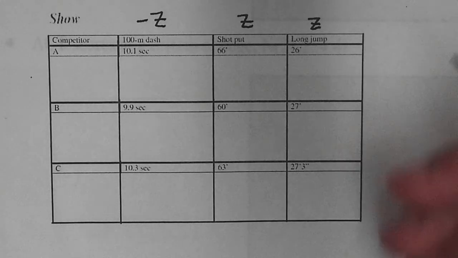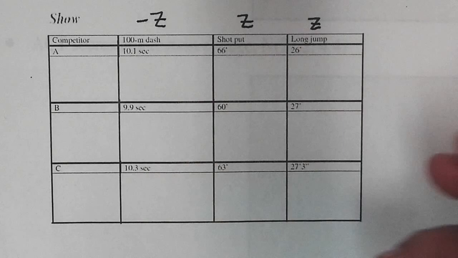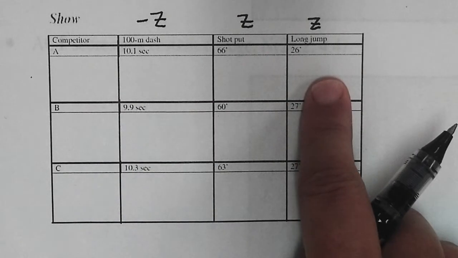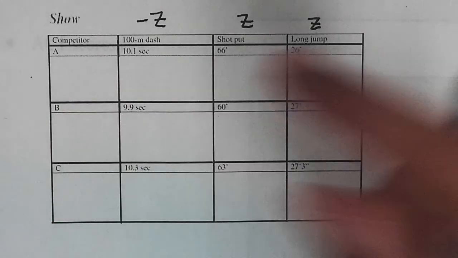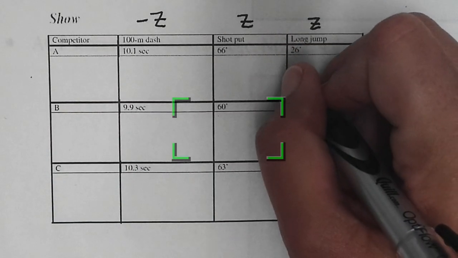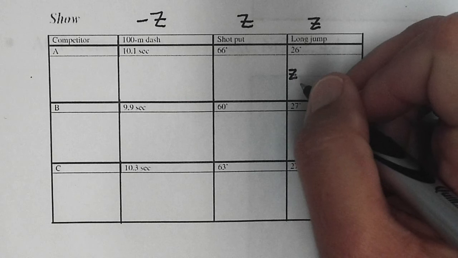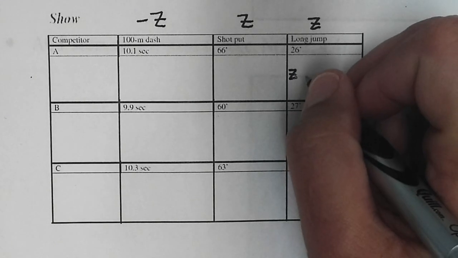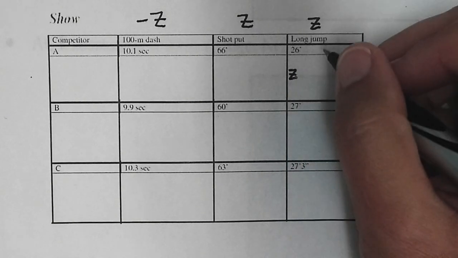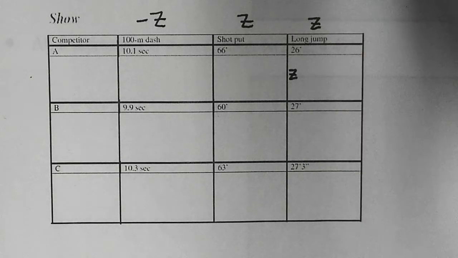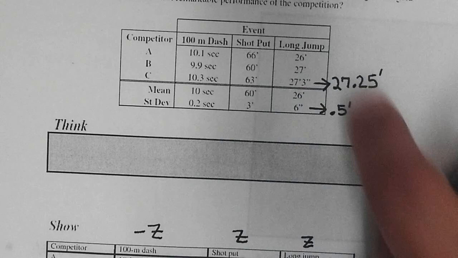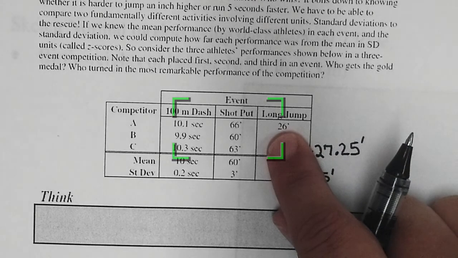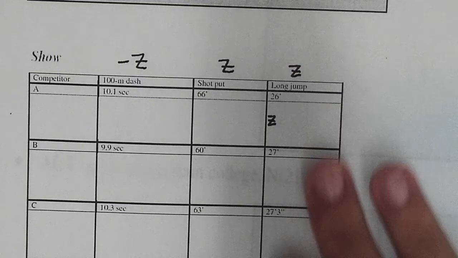In order to calculate a z-score, I'm going to start with the long jump just because it's easy. It's an easy calculation, and I'm just going to go backwards. So if we do the z-score for the long jump for competitor A, it says up in the table above that is on your paper but not visible here, that, here it is, his jump was 26 feet.